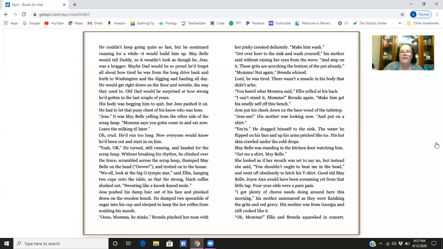Okay, so based on what we've read so far, we know that Mama is from Georgia. So we can put that on our character reference sheet. And we know that Maybelle worships Jessie.